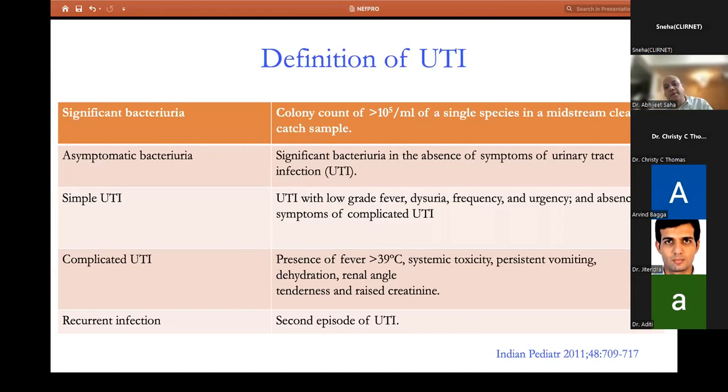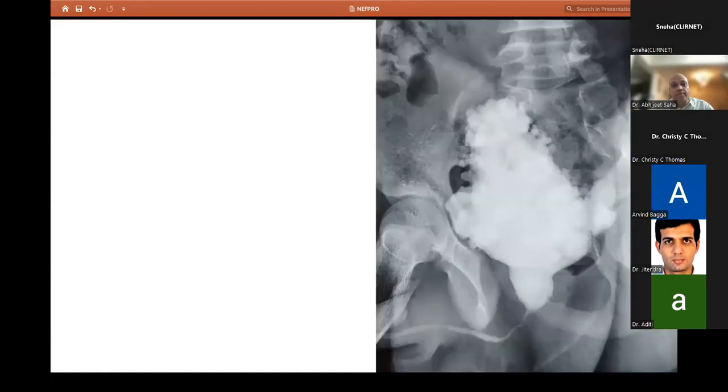So any fever above 39 degrees centigrade, systemic toxicity, persistent vomiting, dehydration, renal angle tenderness, or a raised creatinine. So it comes into the complicated UTI. And importantly, any second episode of UTI is taken as recurrent UTI, which has got a very important connotations while evaluating any child with urinary tract infection.